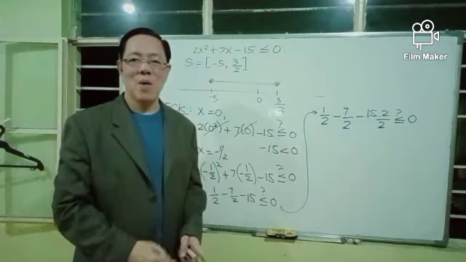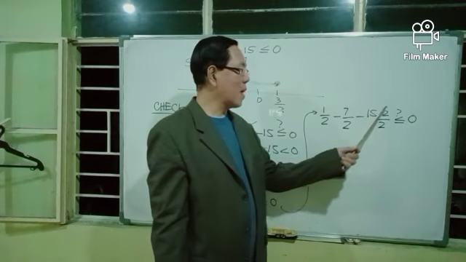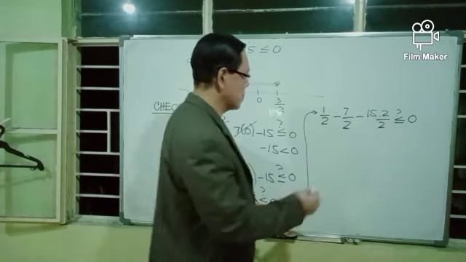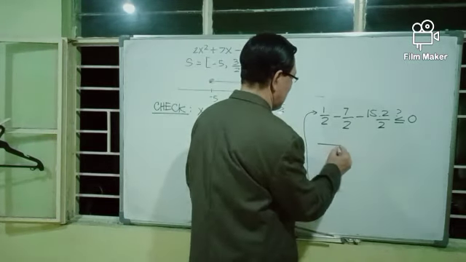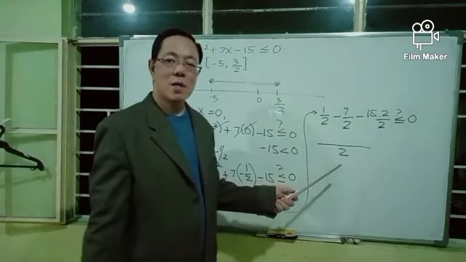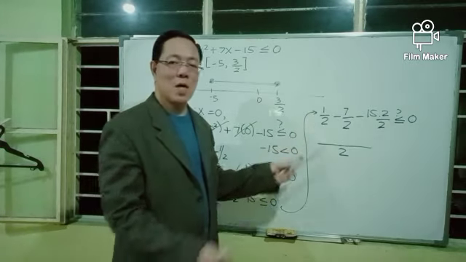For us to have the common denominator of 2, we multiply negative 15 by 2/2. Now the common denominator is 2. And the numerator is 2 divided by 2 is 1, multiplied by 1 is 1.